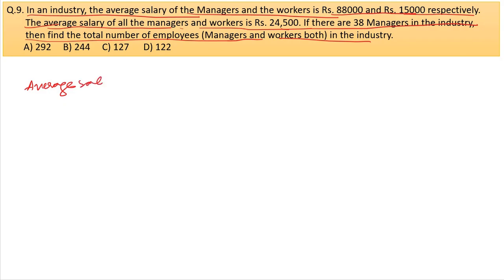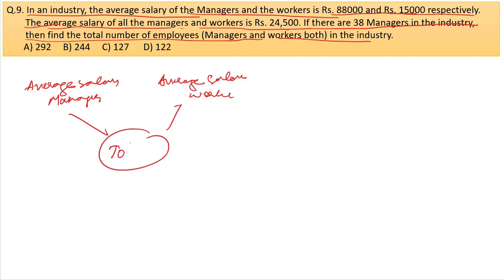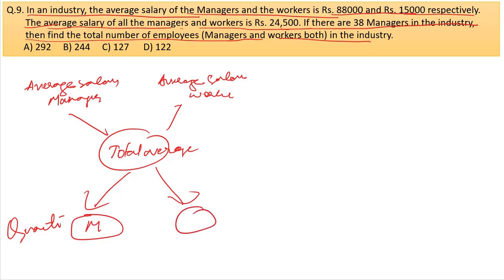According to the question we have the average salary of managers, and then the average salary of workers, and then the total average we're having, and then the quantity ratio, quantity of managers and quantity of workers.